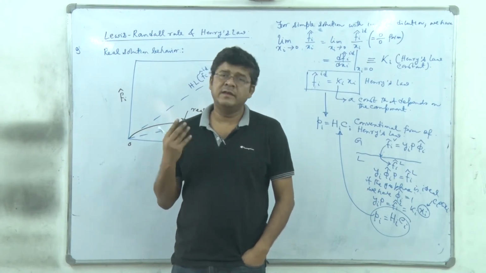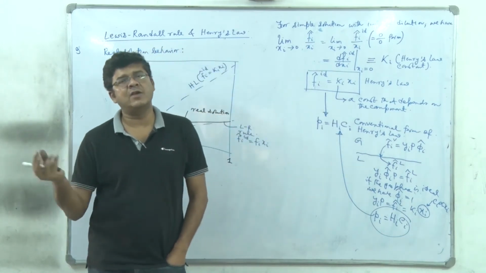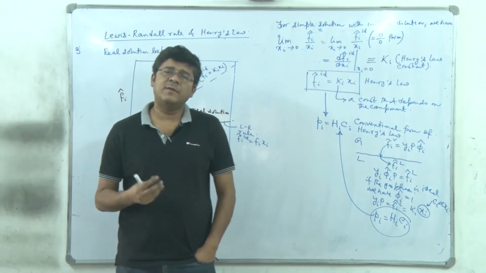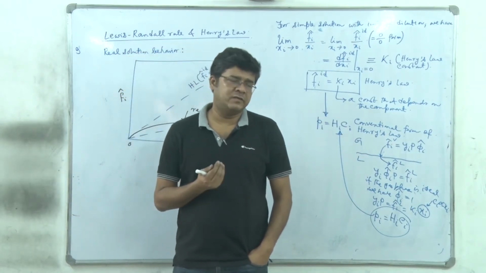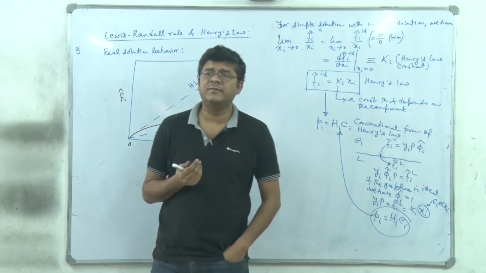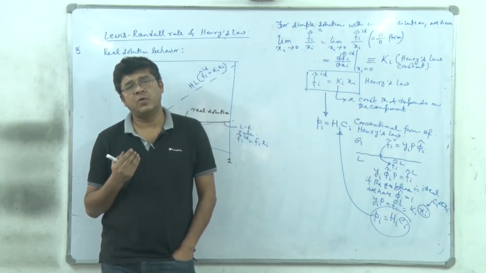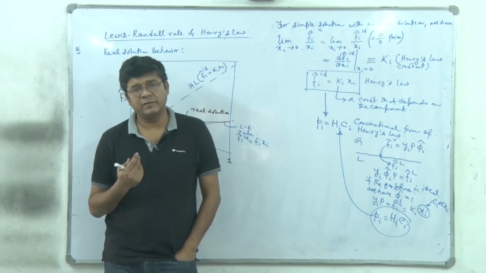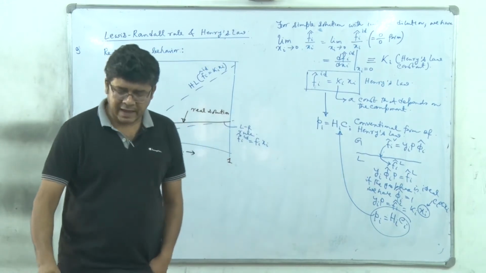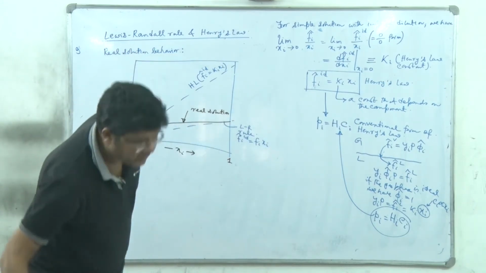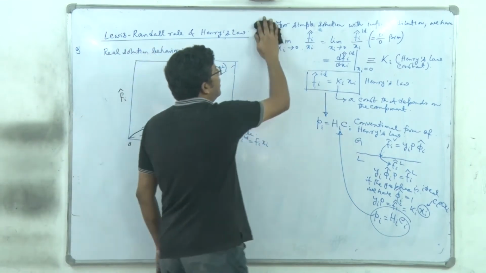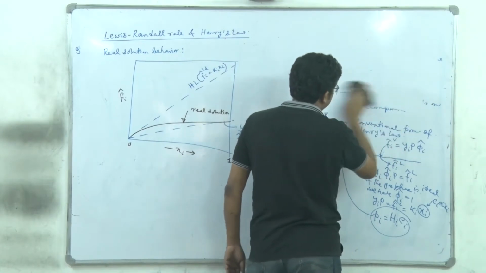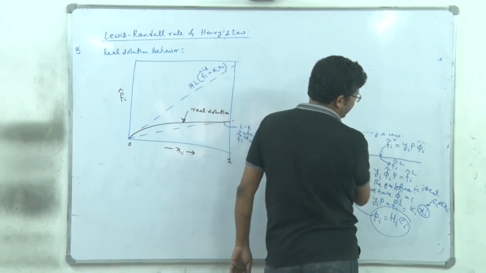That is, if x1 tends to 1, then component 1 is supposed to follow the Lewis-Randall rule. And when x1 tends to 1, x2 must tend to 0. That is, the solution is infinitely dilute with respect to component 2, and obviously component 2 is going to satisfy Henry's law. This idea, of the Lewis-Randall rule and Henry's law being satisfied by the two components in a binary solution, we can also establish mathematically.